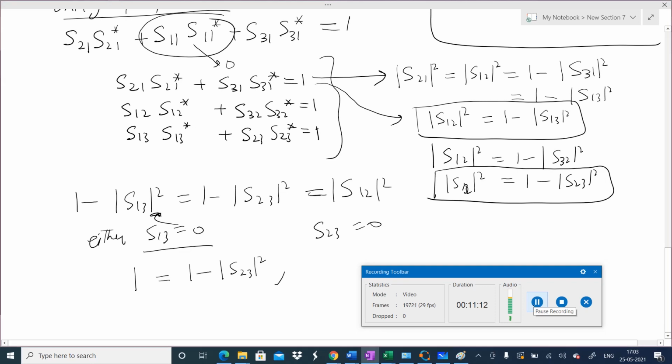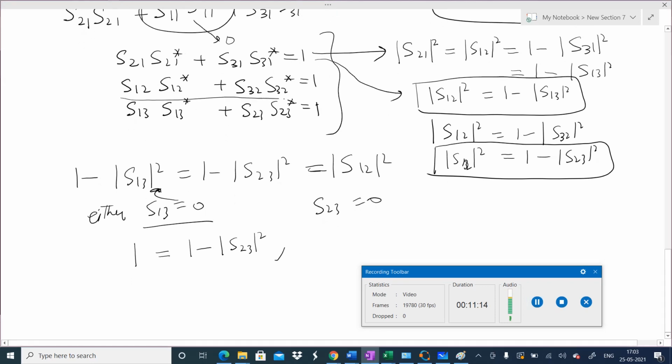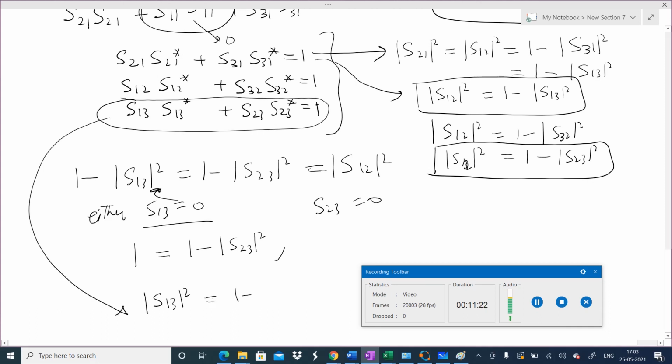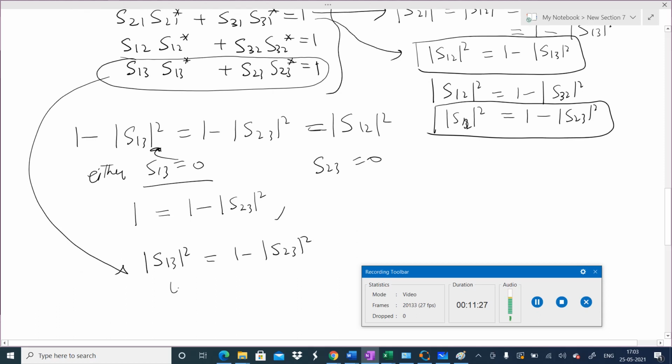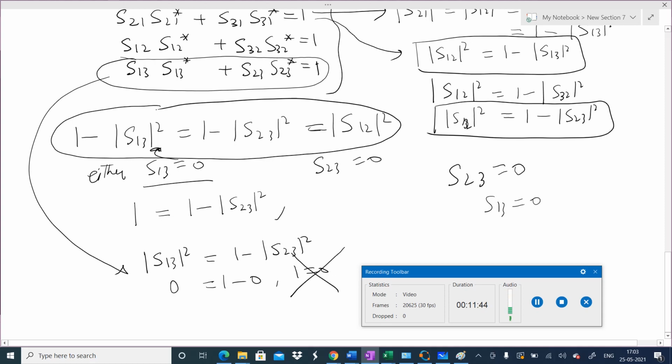But if S23 is also 0, then the third equation gives a contradiction, because it states that |S13|² is equal to 1 minus |S23|². If you put both 0, it becomes 1 equal to 0, which is wrong. Similarly, if you assume that S23 is 0, then S13 also becomes 0 because of this equation, and again we arrive at a contradiction, 1 equal to 0.